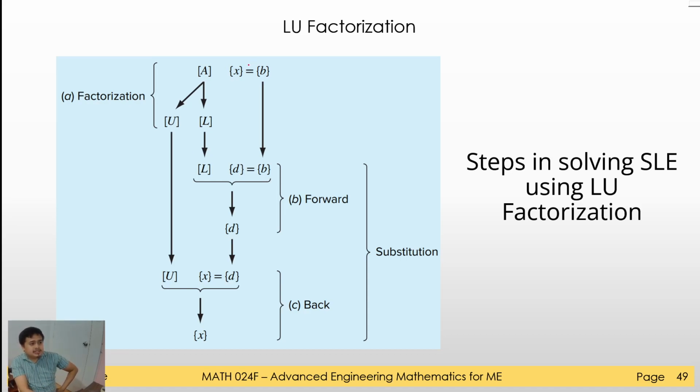We have the given matrix A, the unknown X, and the constant B. The first thing we should do is to factorize A into L and U. After that, we substitute L into LD = B to solve for D. After solving for D, we can now use U and D to solve for X. So this is the factorization process, and we will utilize forward substitution and also back substitution.